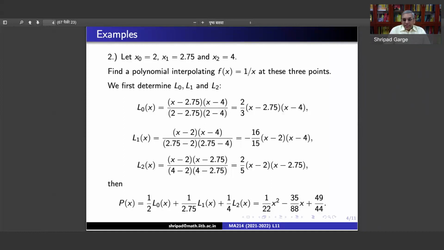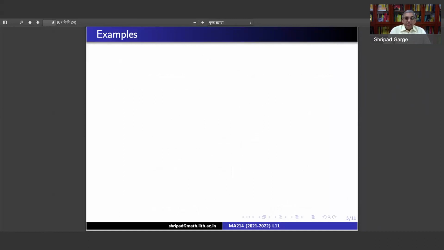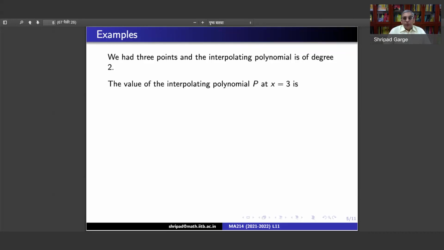So it's a slightly complicated polynomial. The Taylor polynomial, if you remember, was very easy, but it did not approximate your function well at all. But this polynomial does approximate your function quite well. Here we had 3 points, and so naturally the polynomial will have degree less than or equal to 2. In this case, it happens to be of degree 2.